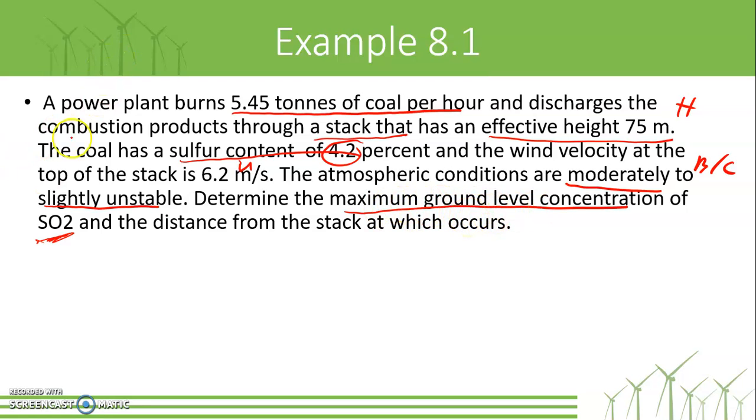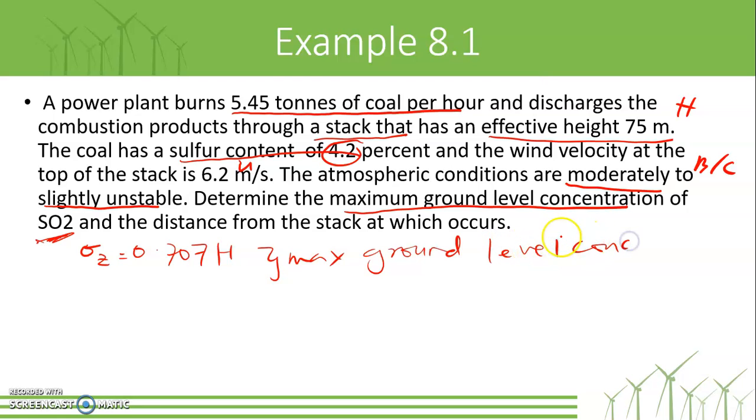So earlier we know that we use this formula, sigma z is equal to 0.707 H for maximum ground level concentration. First we solve for this one. We need to determine the sigma z.